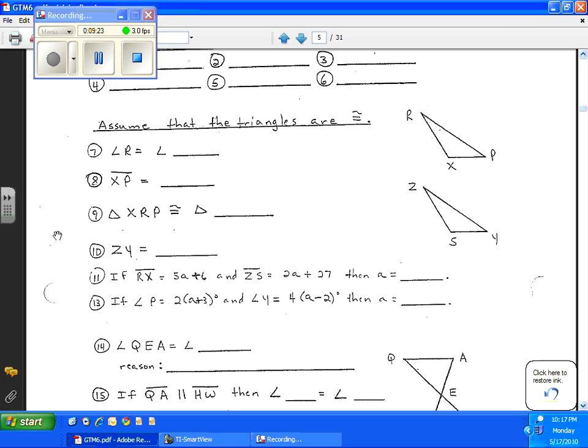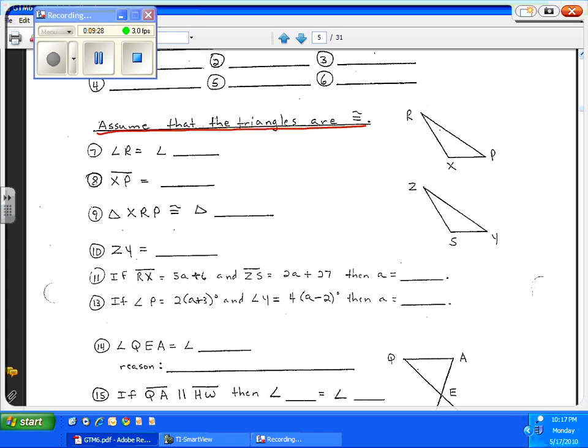Making the assumption that the 2 triangles we see here are congruent, then we could say that angle R, we can obviously visualize, is equal to angle Z. On this one, it's pretty obvious which one is equal to which one.